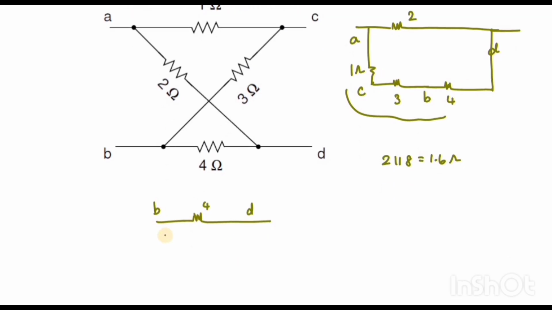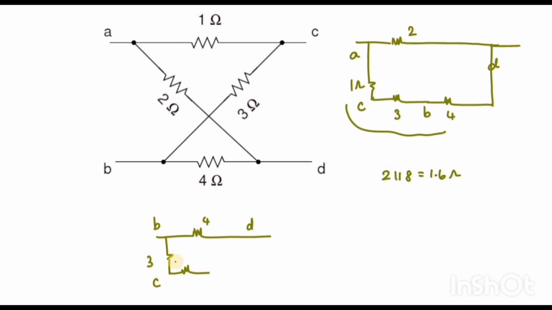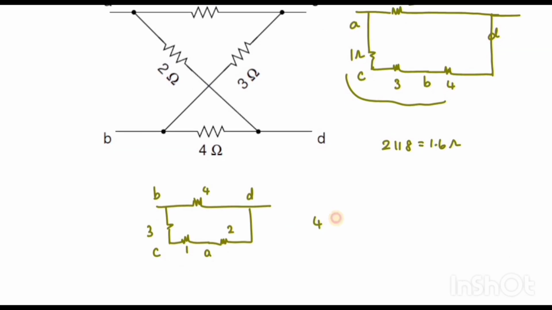From B, it is going to C through 3 ohm resistance. From C, it is going to A through 1 ohm resistance. From A, it is going to D through 2 ohm resistance. So 4 is in parallel with 6, and we'll get the answer as 2.4 ohm.